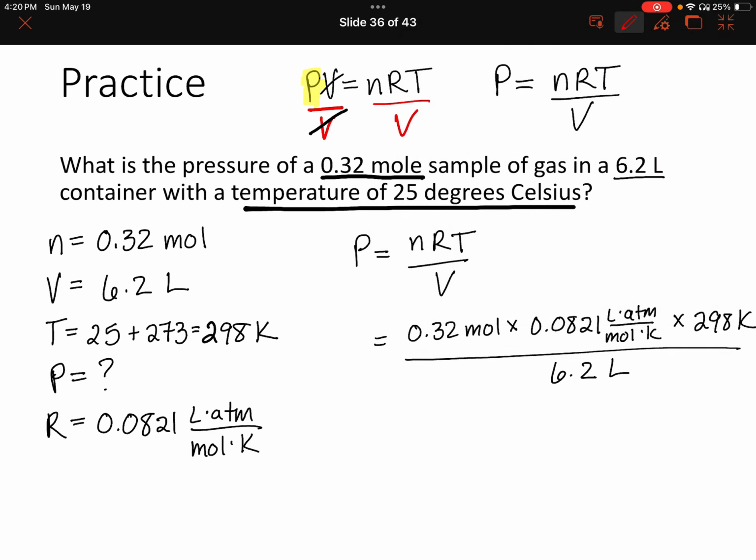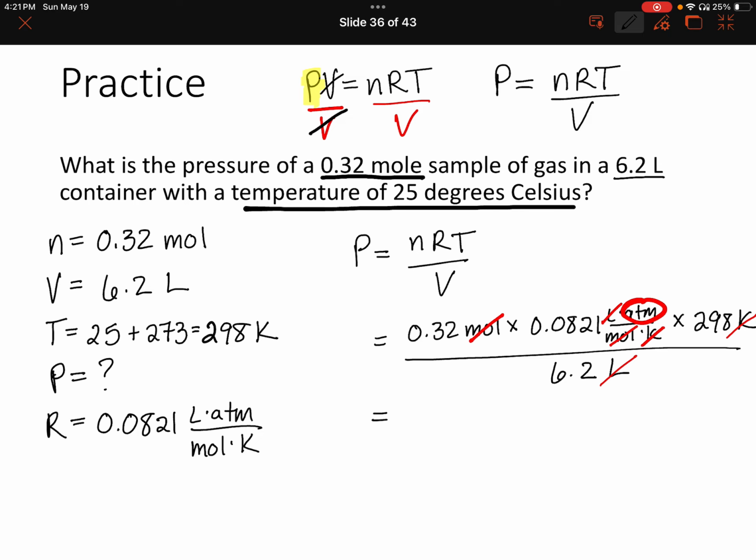Okay, so let's cancel some units. We have moles in the numerator and then in the denominator of our gas constant, so those will cancel. Same for Kelvin. And liters is in the numerator of our gas constant and then in the denominator of our equation, so those will cancel and we're left with atmospheres. Perfect.